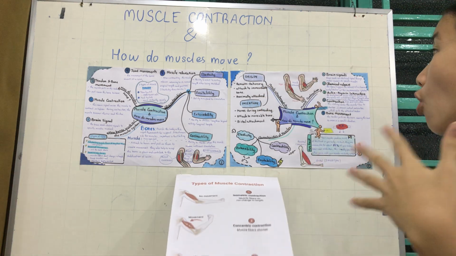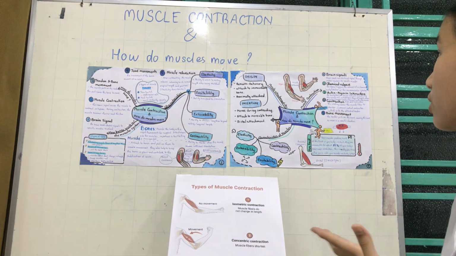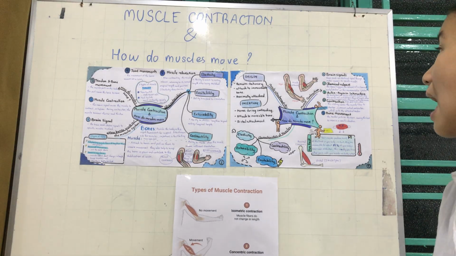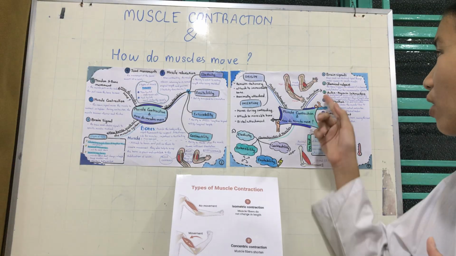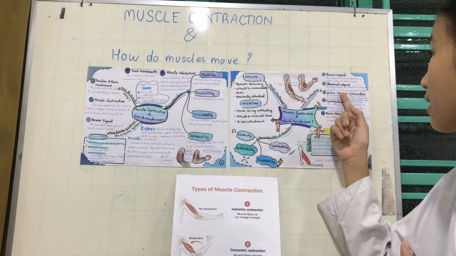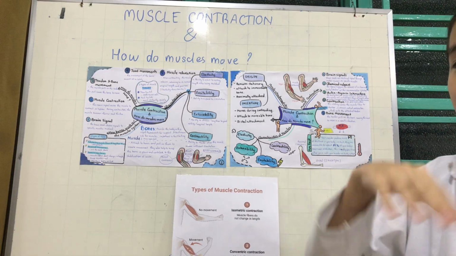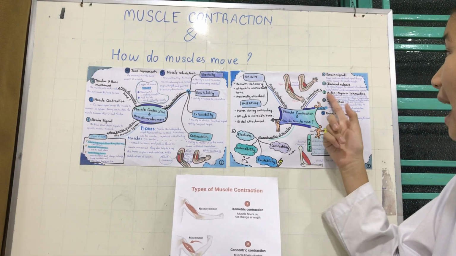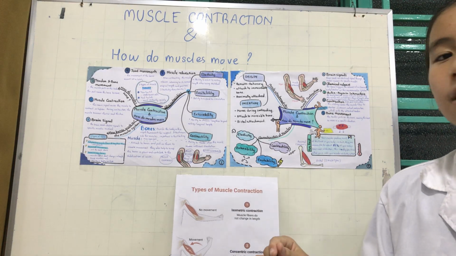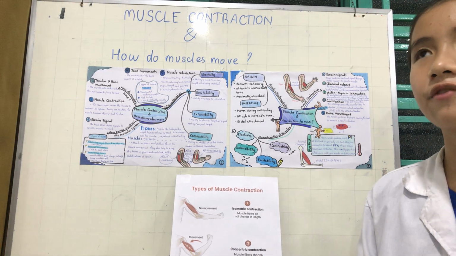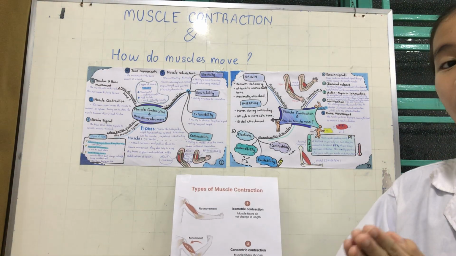Next is the chemical release. The signal triggers the release of a chemical at the neuromuscular junction. I think the name of that chemical is acetylcholine. And after that, there's the actin and myosin interaction. If you recall, the actin and myosin are filaments that are involved in the making of the muscles.